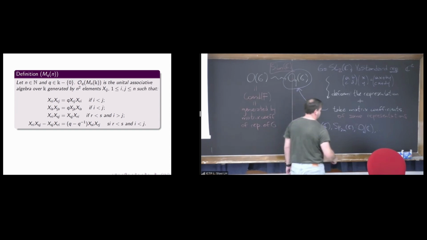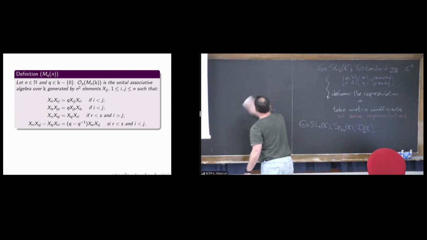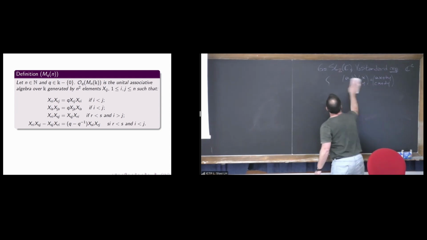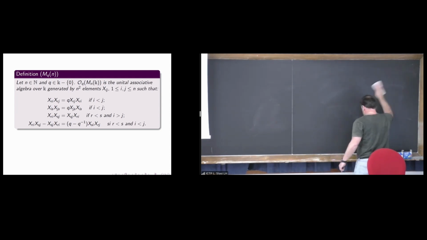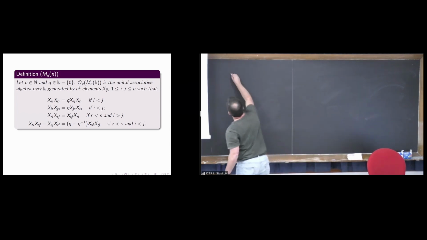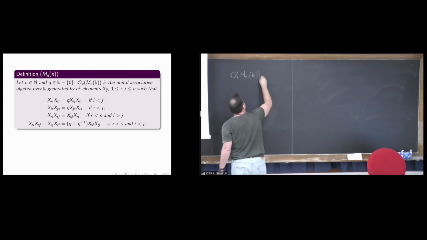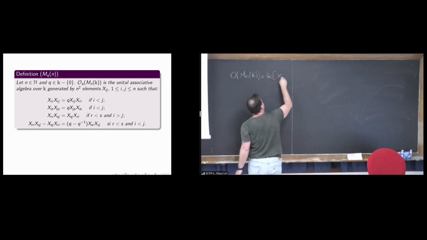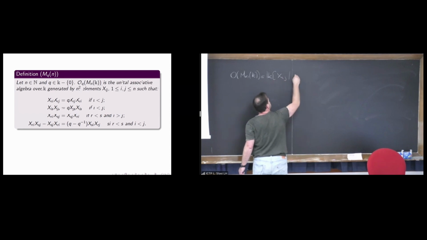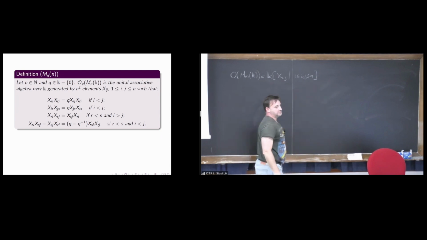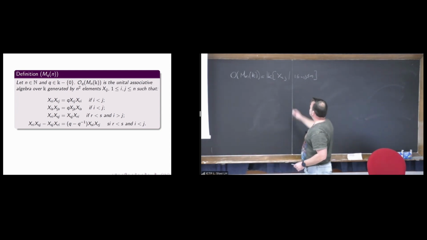As I'm trying to recall from the first lecture, I defined the functions of matrices as being just the polynomial ring in n squared variables. So we have n squared variables and everything is commutative.